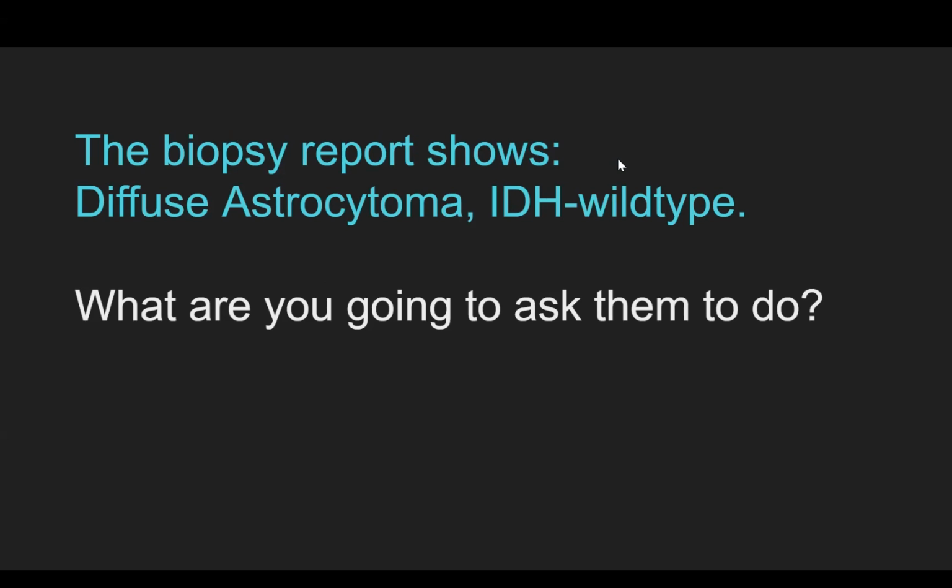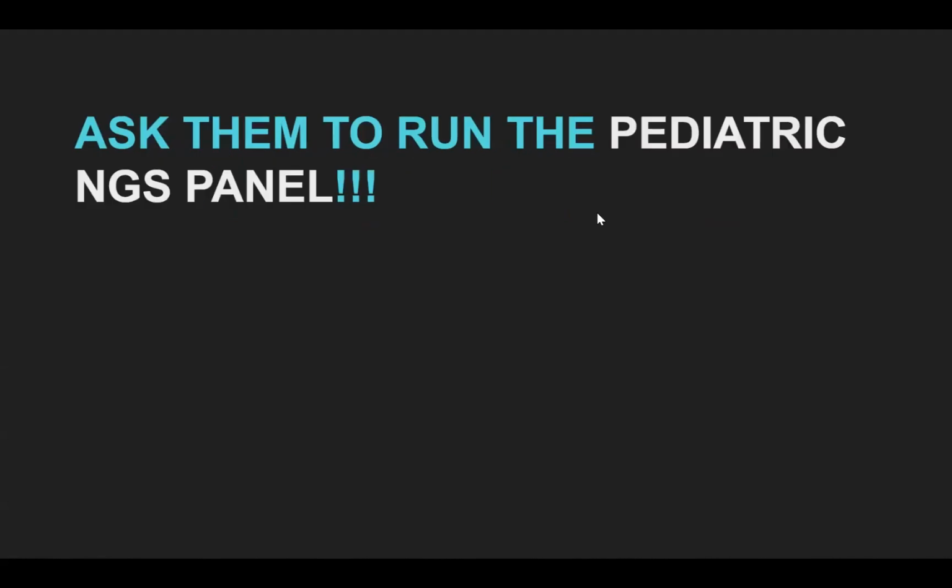Yeah, that is right. But my question was, for a 16 year old patient, if you receive a report of diffuse astrocytoma, IDH wild type, what are you going to ask your pathologist to do? Ask them to run the pediatric panel.